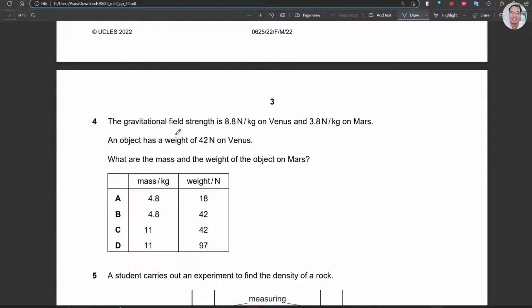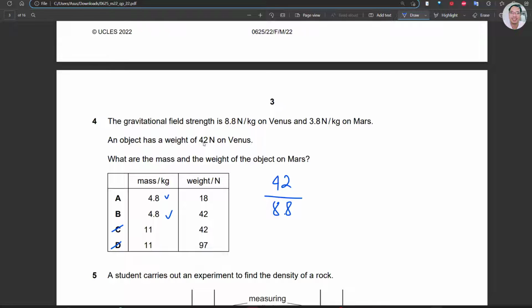The gravitational field strength is 8.8 Newton per kilogram on Venus and 3.8 Newton per kilogram on Mars. An object weighs 42 Newton on Venus. What are the mass and the weight of the object on Mars? 8.8 Newton per kilogram, the field strength. So firstly we take 42 on Venus, divide by 8.8, like 40 divide by 9, it's about 5, meaning this one, so we eliminate these.